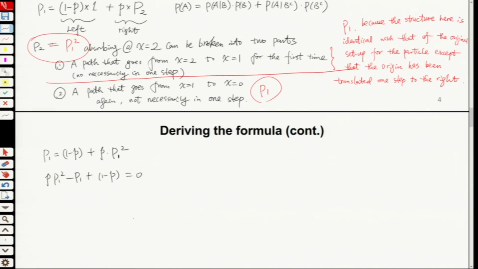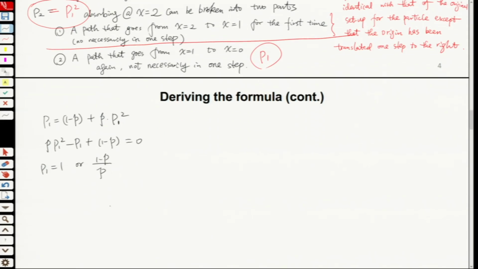So if we solve this equation, what is P1? P1 equals 1 or (1 minus P) over P. So if we look more closely at the real solution, when P equals 1/2, what is P1?